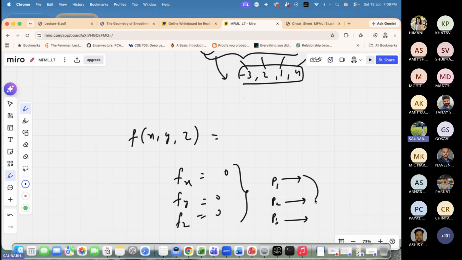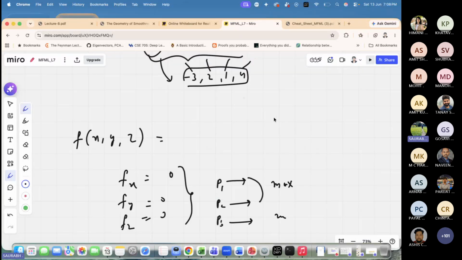Let's say out of these two are maximum and one is minimum. Basically the two-dimensional representation of the function would look like this. These two are maximum. There is only one minimum, which is here, right? So you are able to see the minimum most point, which is this.